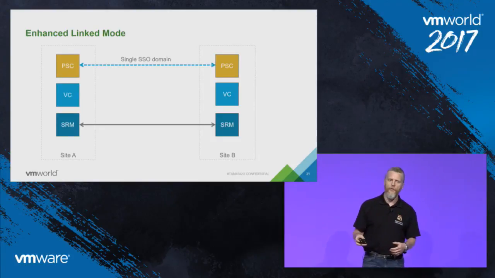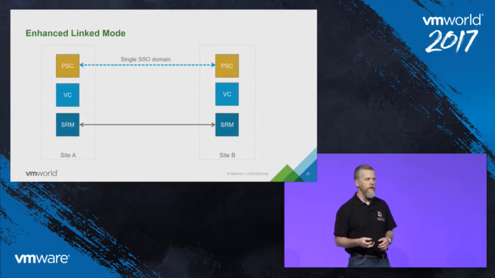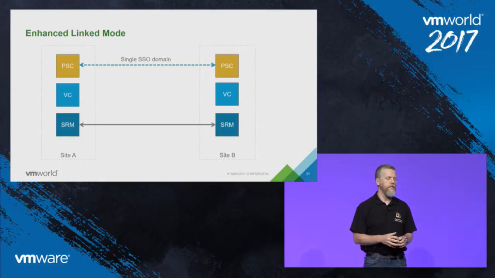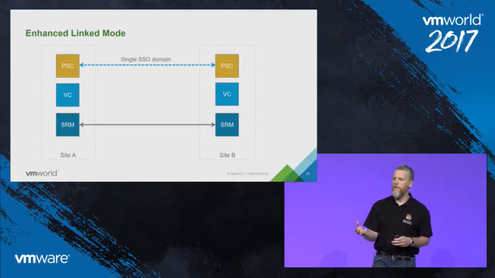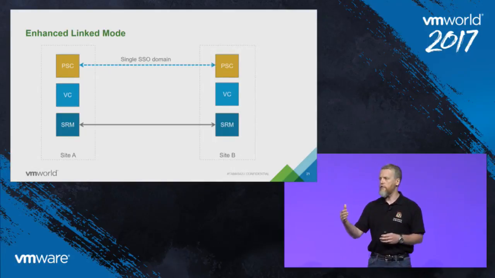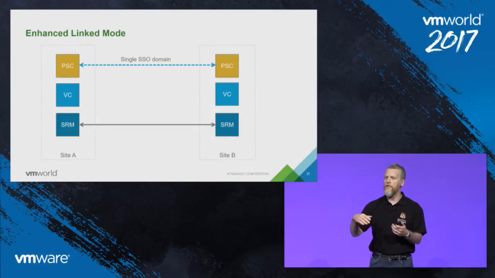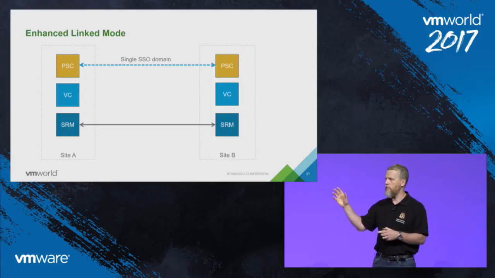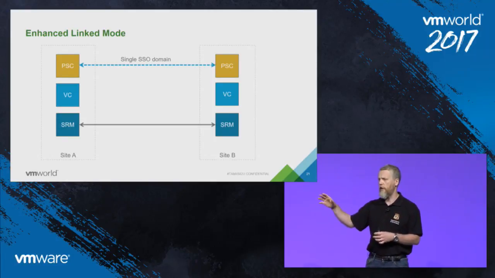If you're not familiar with enhanced linked mode, it was something that we introduced in vSphere 6.0. Enhanced linked mode just makes it easier to manage your environment, because you'll see all of the vCenters in your environment that are part of an enhanced linked mode in the same UI, and it helps manage SRM.